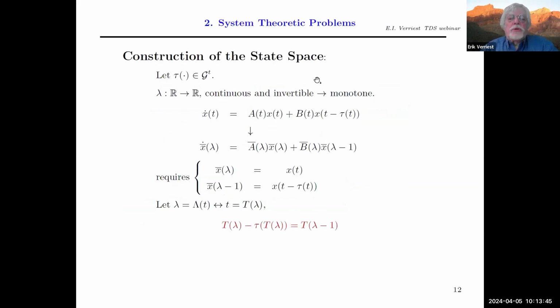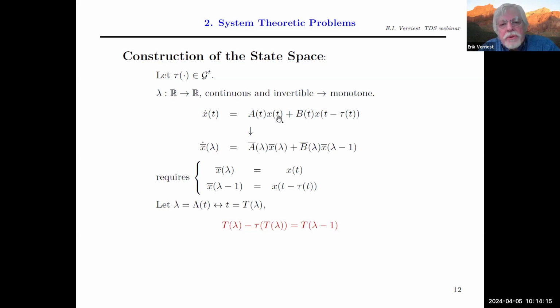Now, for the construction of the state space, I assume that at any time t, the entire delay function is known. So that's part of the structure of the system. And then we just have the original form of the system right here. We try to find a transformation from t to lambda, and then set x of lambda of t as x bar of lambda.